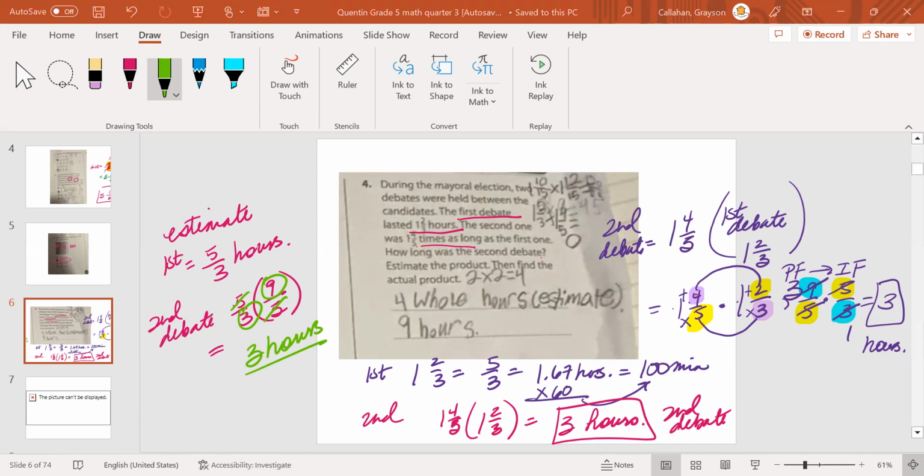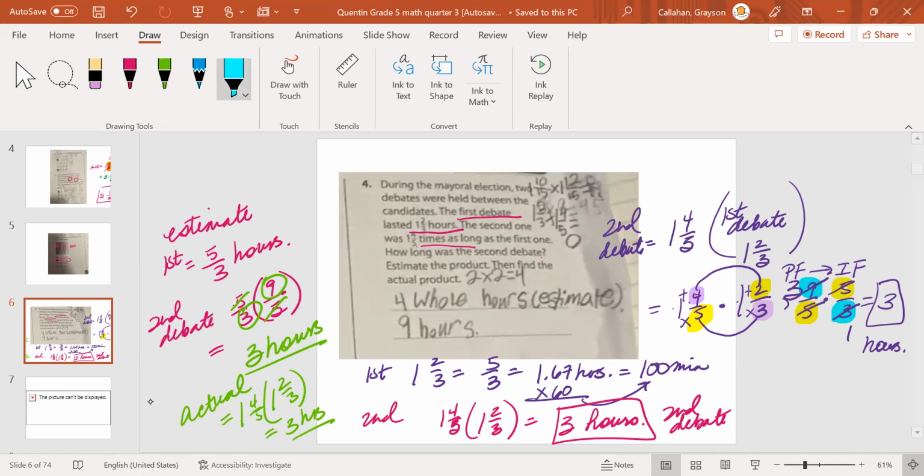Question number 5, can you read it for me? What's the second part? Find the actual product. The actual, so this is the estimate. The actual is going to be 1 4/5 times 1 2/3, which is 3 hours.